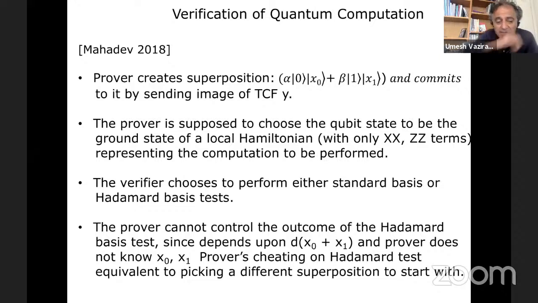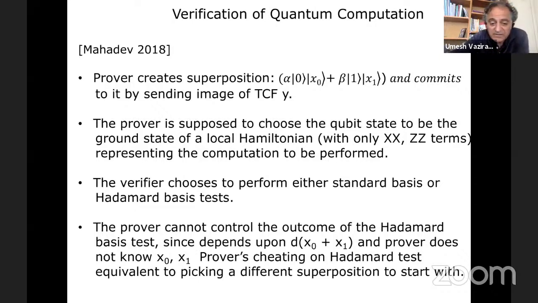And the idea is that the prover really cannot control the outcome of the Hadamard basis measurement, since it depends upon this inner product with x0 plus x1, and the prover doesn't really know both x0 and x1.